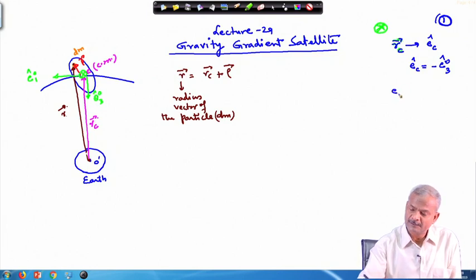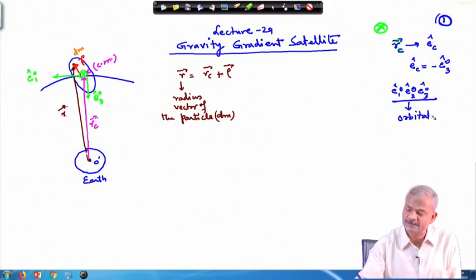The system E 1 cap, E 2 cap and E 3 cap, these are zeros, small zeros shown here. This stands for the orbital reference frame, which we have discussed in the previous lecture.